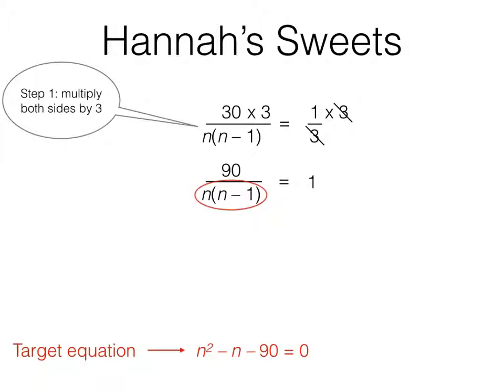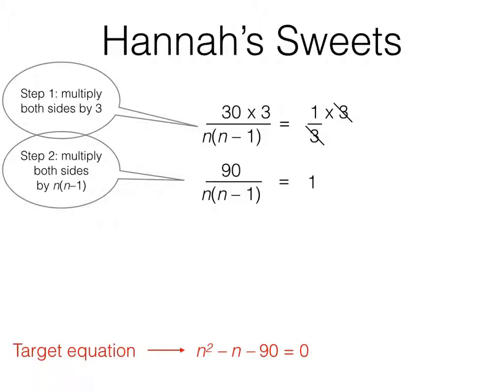Next, I see this n times n minus 1. So, step 2, I can get rid of it on the bottom by multiplying both sides by n times n minus 1. And again, these cancel, leaving this. 90 equals n times n minus 1.